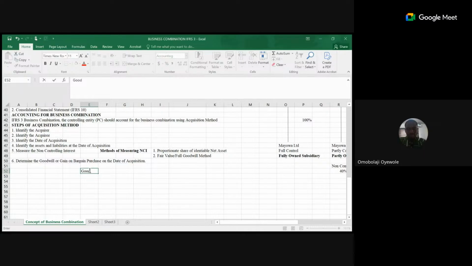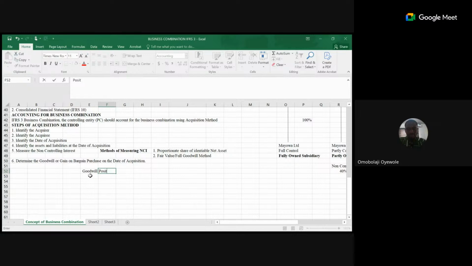Now, goodwill means it is positive. If the difference between the consideration transferred and the net assets as at date of acquisition is positive, that is goodwill. Are you with me?